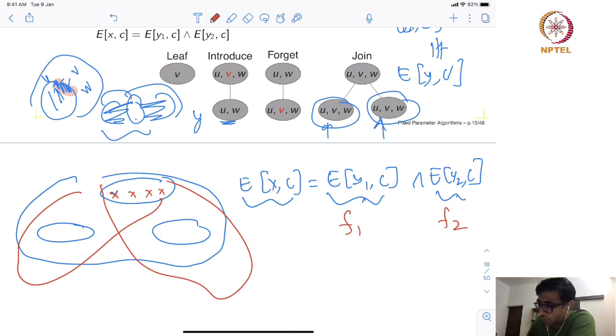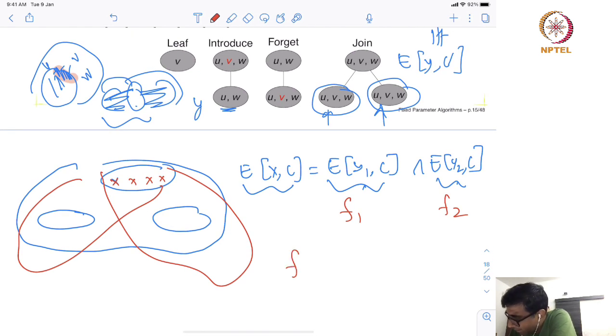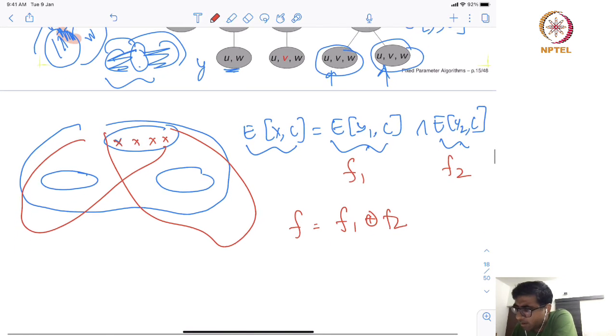Suppose this evaluates to 1, meaning there is a coloring F1 which has this property, and a coloring F2 which has a property which extends. Now I will take a new F which is basically F1 o F2. This is basically concatenation.